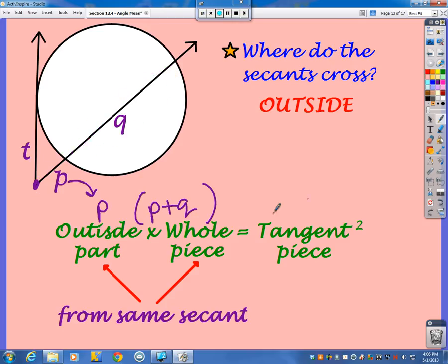Now, you could repeat outside times whole with the tangent part, but just know that the outside piece and the whole thing are really the same thing. Again, let me repeat that. This is the outside piece, but it's also the whole thing because there's nothing inside. So we can call this just the tangent piece squared, equal to whatever that piece is hanging out here, that tangent piece, squared.